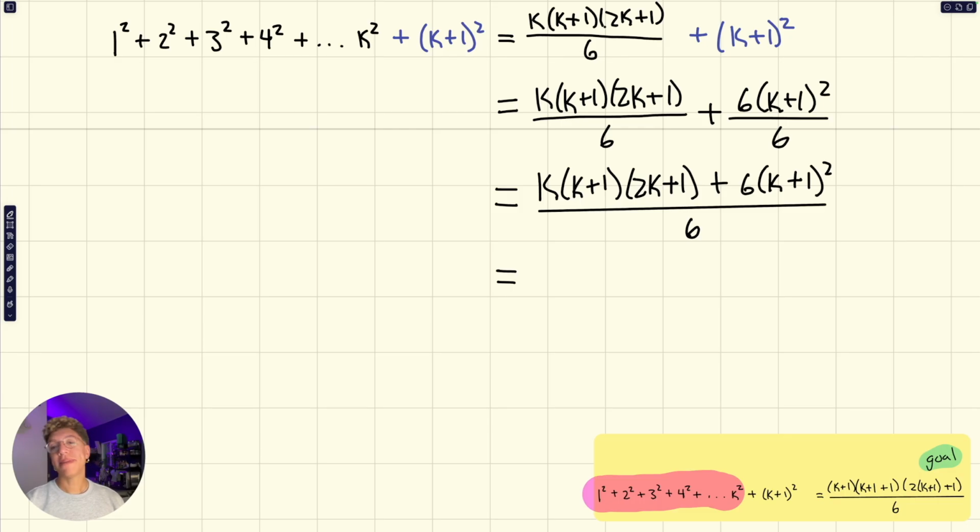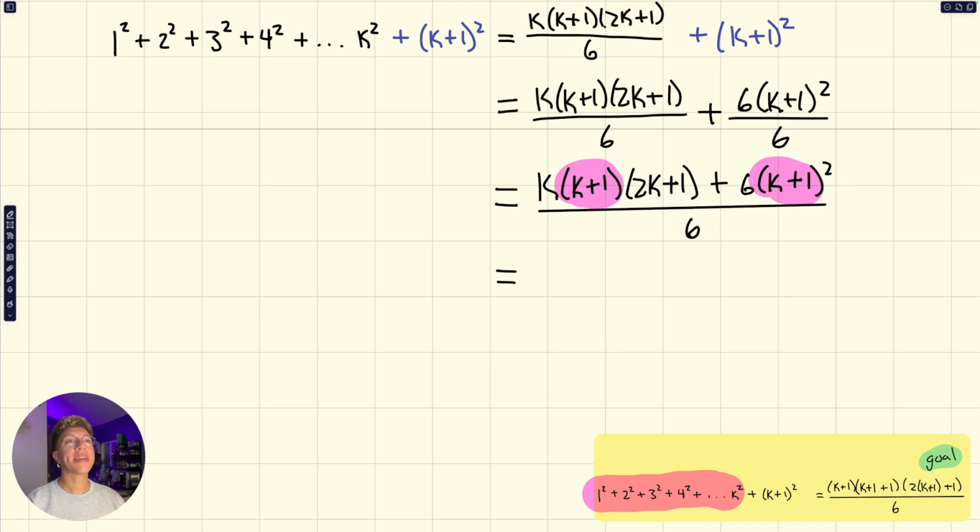So here again, you might be tempted to distribute and multiply things out, but instead, we actually want to take a k plus 1 from the first two terms. By that, what we want to do is notice that there's a k plus 1 here and a k plus 1 there.